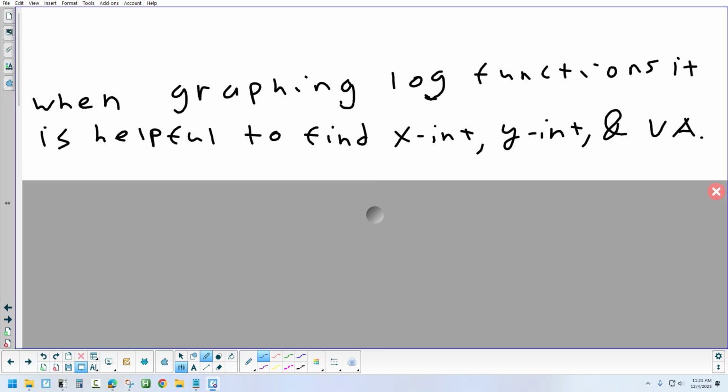A couple other things that are helpful to find are the intercepts. Now, when you graph a log function, you're only guaranteed to have one of these intercepts. You could have both, but you're only guaranteed to have one. Which intercept are you guaranteed to have all of the time?